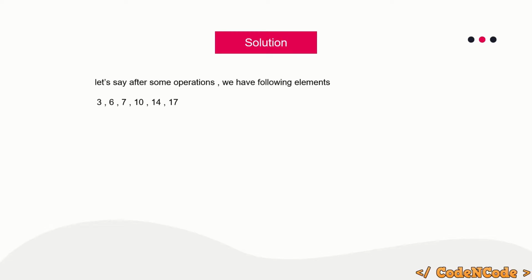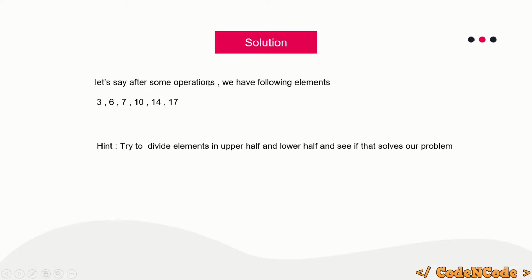Now how are we going to solve this problem? Let me give you a hint, an idea where you can begin forming your solution. Suppose at a certain point this is your input. Again, the input is not sorted. Just assume after a certain number of operations this is your list of integers.